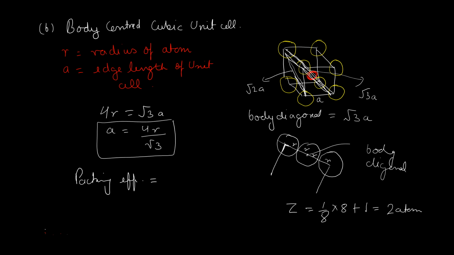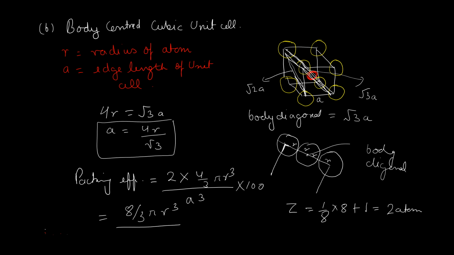So here the volume occupied will become 2 into volume of each atom, 4/3 πr³, and volume of unit cell is the same, a³ into 100. Now this is 8/3 πr³, and it becomes (4r/√3)³ into 100. So when you solve it, it comes out to be 68%.